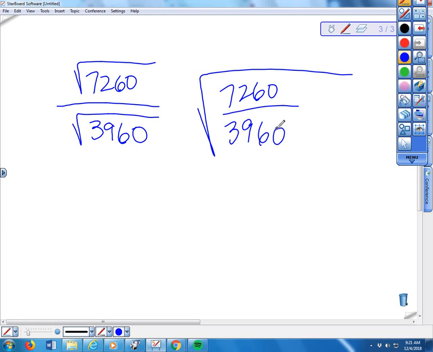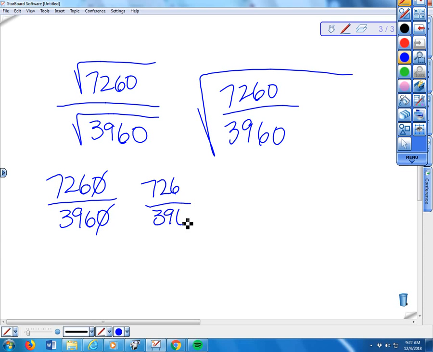So if I just focus on this fraction and reduce it as much as I can first, I know already they're both divisible by 10. So that gets me to 726 over 396.